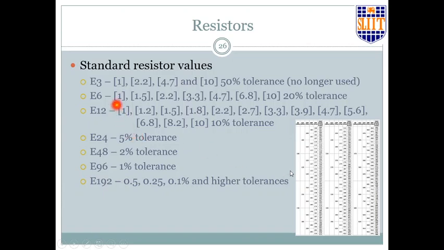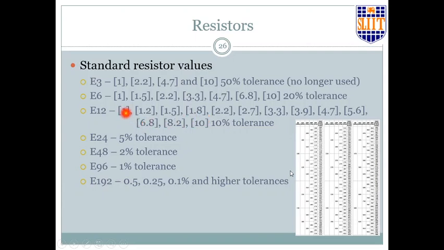Now, E6, E12, E24, E48 and so on are there. Out of those, these two are almost not available in the market. But we have the E12 series and the E24 series. In the E12 series, there are 12 different values in the decade. Count it: 1, 2, 3, 4, 5, 6, 7, 8, 9, 10, 11, 12. 10 is 10 to the power 1 of 1.